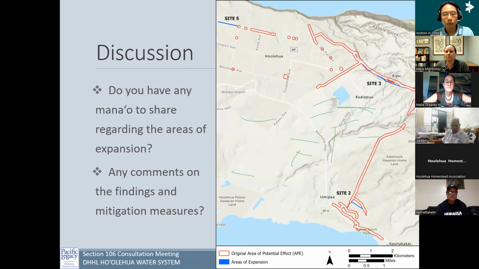Even though it's not on your parcel, it's in the neighboring parcels, we want to make sure that either in a Section 106 process it is identified, or that it gets documented, knowing that there's makahiki grounds all over that place.